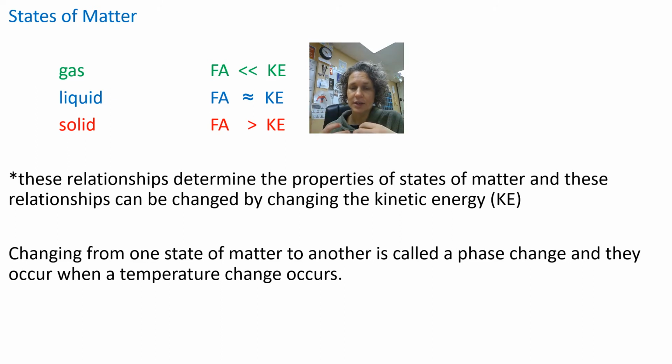It is losing the motion, and so as the molecules stop moving so much and settle into place, you go from a liquid to a solid. And so that's one way to determine it, and this is called a phase change. And when the temperature change happens, that's when you see these phase changes happening.